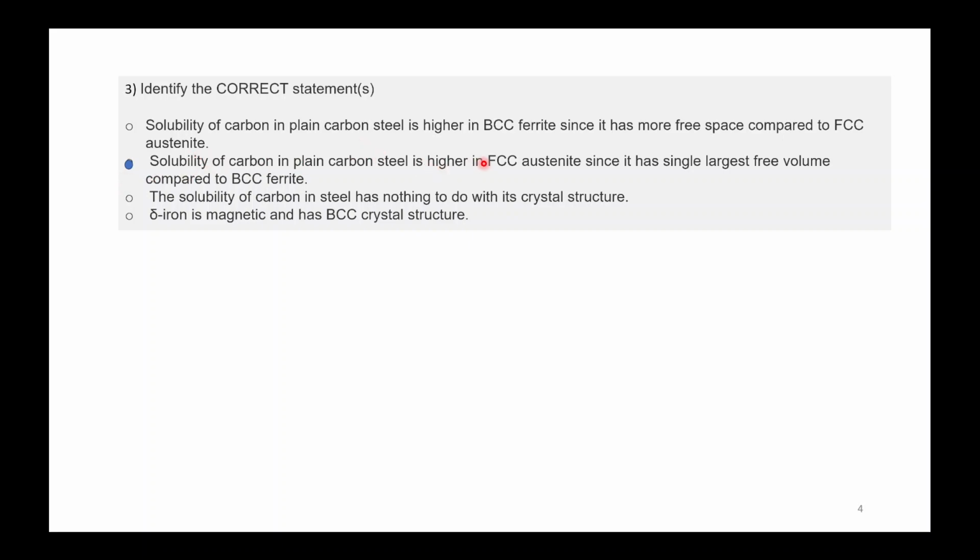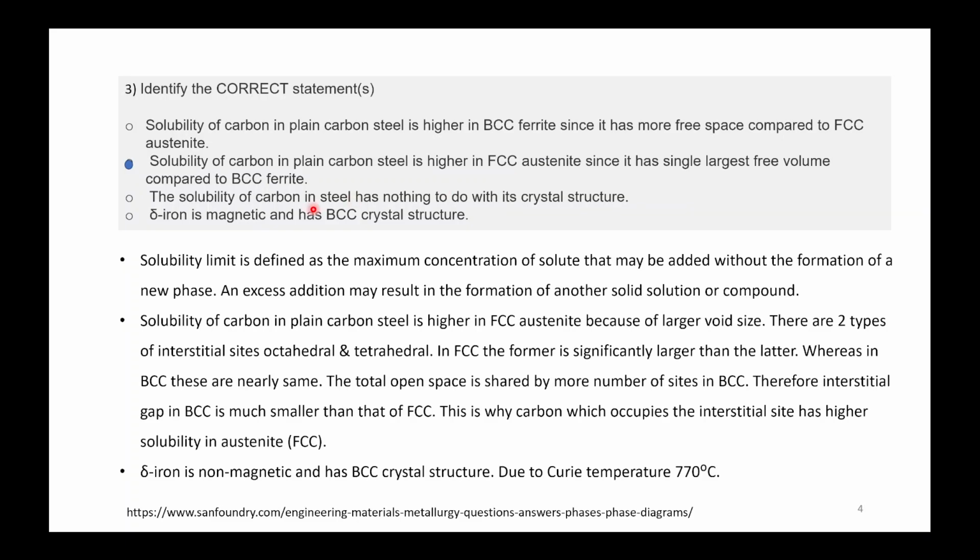FCC austenite has the highest solubility of carbon because of the larger size of its octahedral voids. Solubility limit is defined as the maximum concentration of solute that may be added without the formation of a new phase, and excess addition may result in the formation of another solid solution or compound.